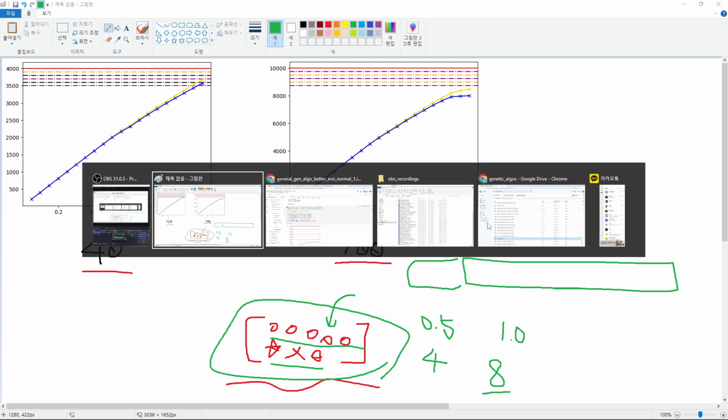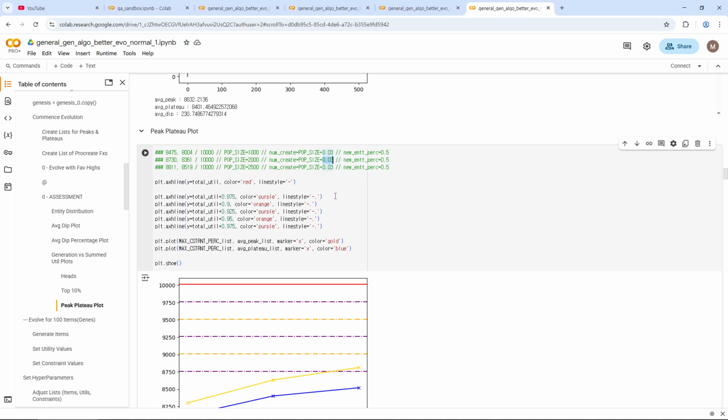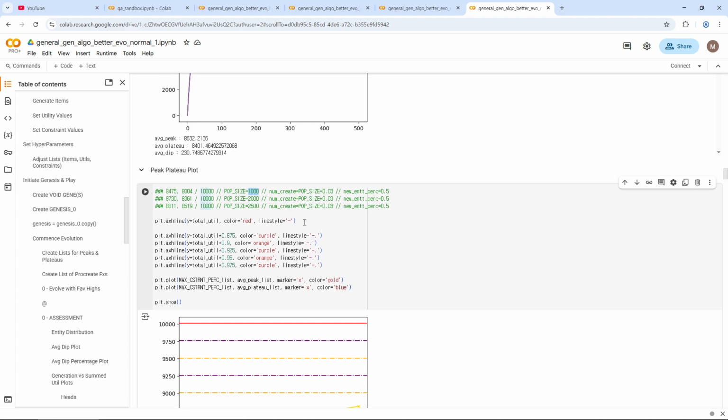So I'm trying new combinations where the population is still at 1000. I will be trying this down here. So the population size is still 1000 entities, but either the numCreate will be population size times 0.03 or something else, or the new entity percentage is something else other than 0.5.